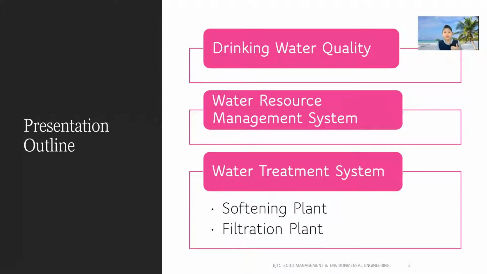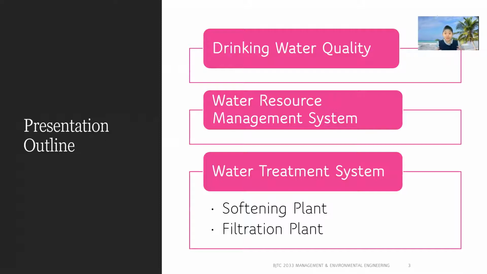Second, I will let you know about the water resources management system. It means a complete system that shows how our water works, from the starting point where the water is taken until it reaches your house and you use it, and what the process is in between.